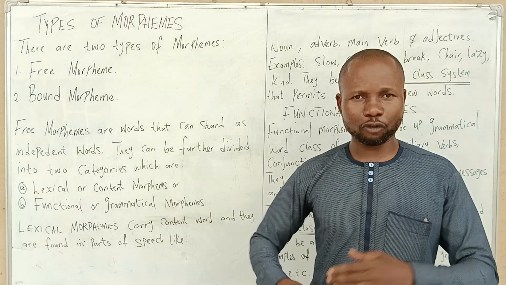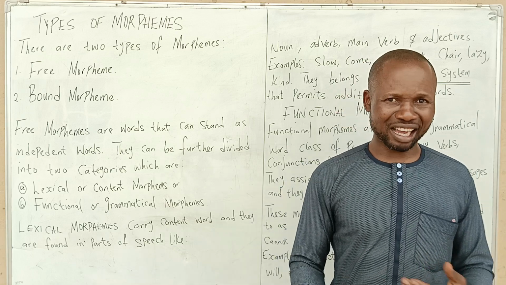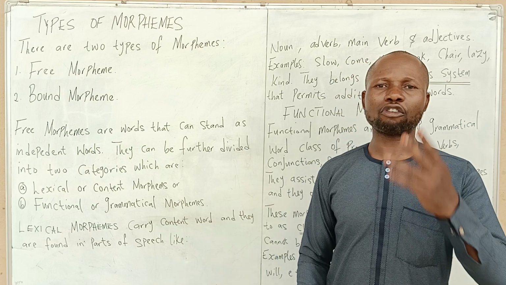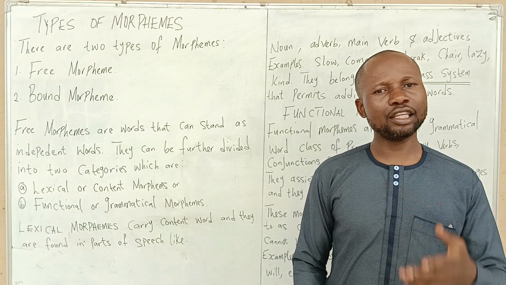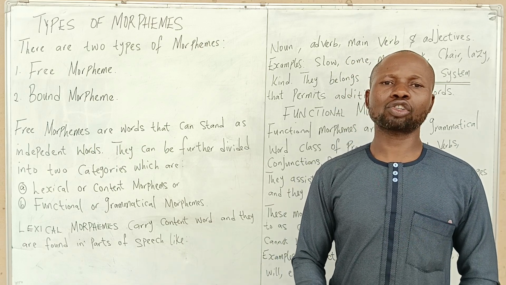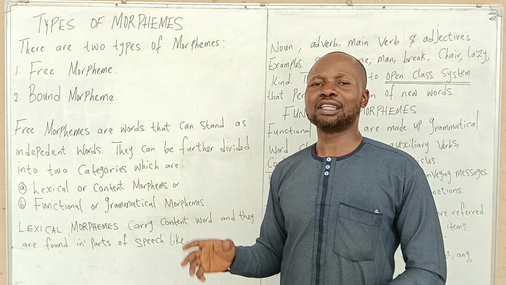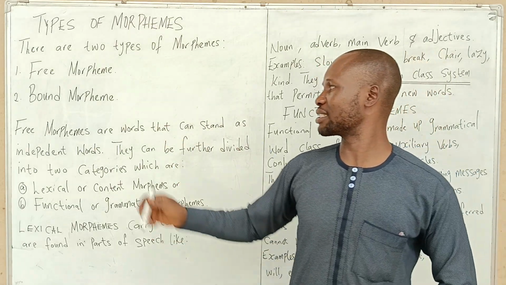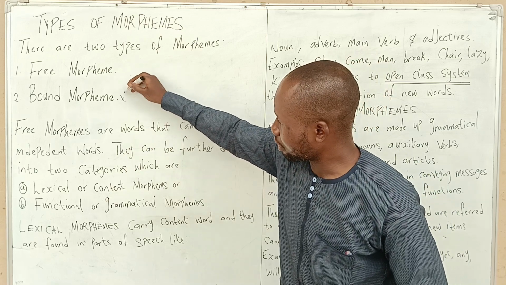All right. But before I begin to give you examples, free morphemes are further divided again into two. But I will also like to appeal that because of space, I will not be able to cover the second one, which is the bound morpheme.